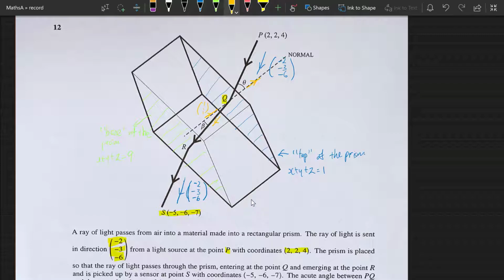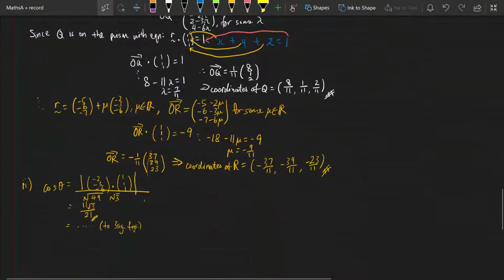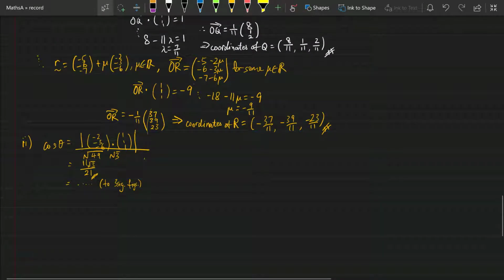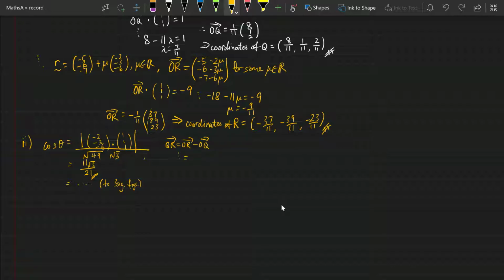And this vector here is QR, which we need to find. Because we've already found the coordinates of both R and Q, if I want to find QR, it's OR minus OQ, isn't it? Again, the arithmetic. You should get -5 over 11, 985.